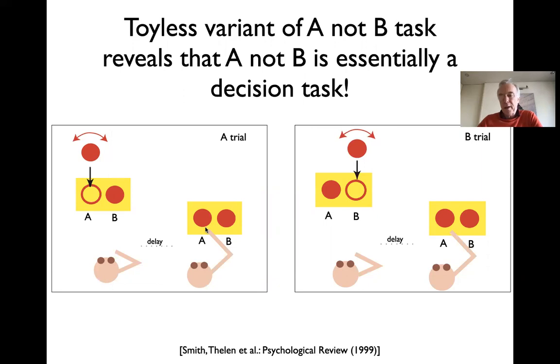And then if you repeat that a couple of times on A, then you switch and show them the B lid, show that in the same way, put that down, and then they make the perseverative reach to A. So the toy isn't actually essential. There are some debates about that, in the sense that quantitatively the effect is stronger if there's a toy, which we can actually explain in the meantime, but it's not essential.